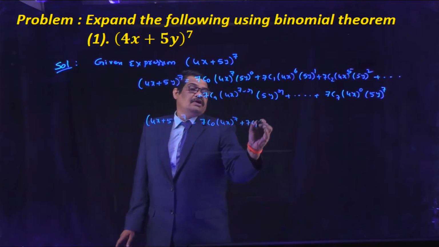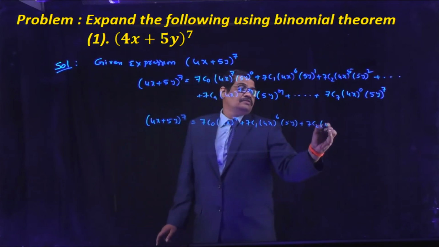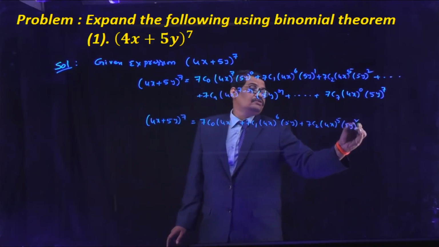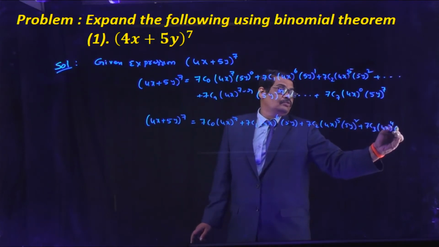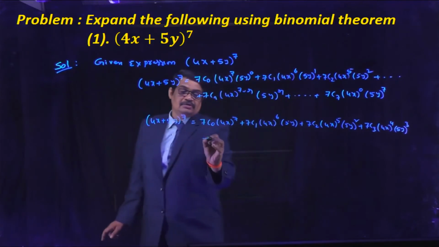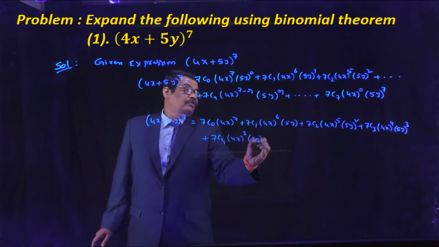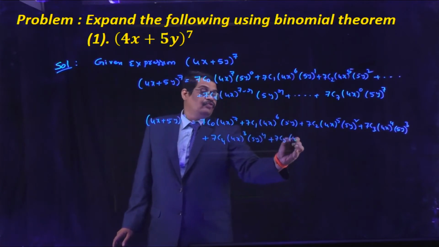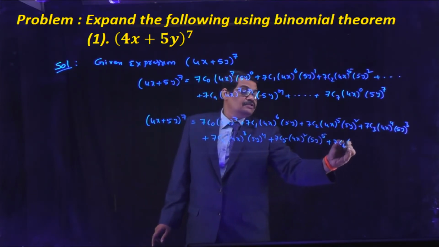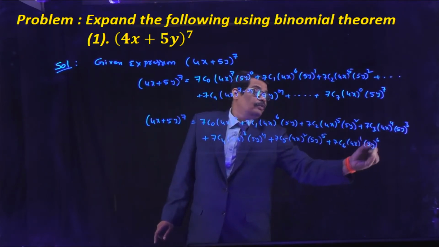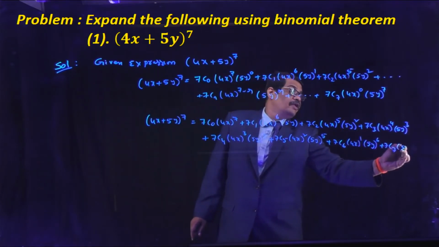Next, 7C1 (4x)^6 (5y), plus 7C2 (4x)^5 (5y)^2, 7C3 (4x)^4 (5y)^3, next plus 7C4 (4x)^3 (5y)^4, 7C5 (4x)^2 (5y)^5, plus 7C6 (4x)^1 (5y)^6, plus 7C7, here (4x)^0 is 1 and (5y)^7.